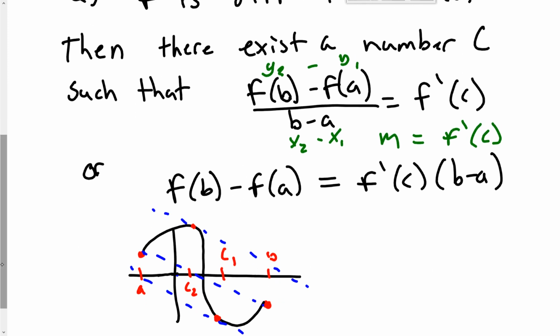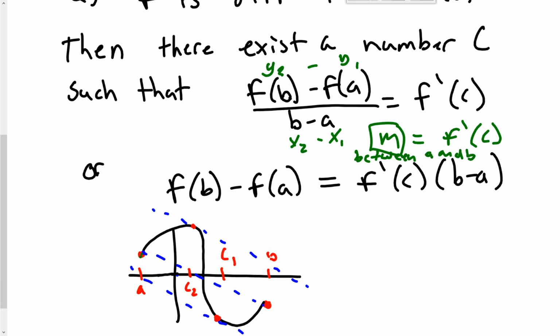It will equal the slope between the x and a value. So that's what this is saying. My derivative will equal the slope between a and b. So this is my slope between a and b.